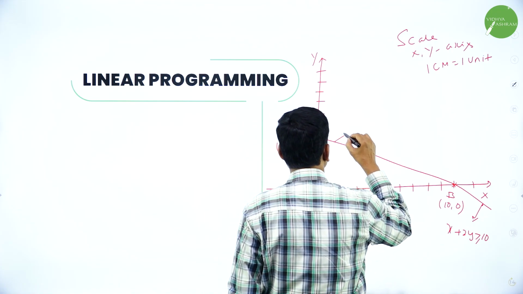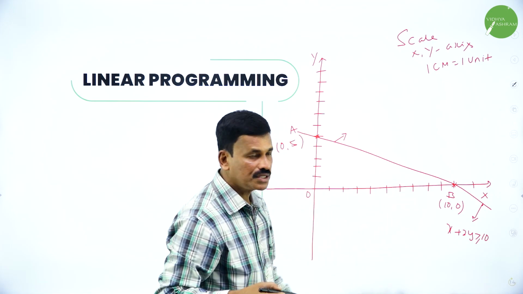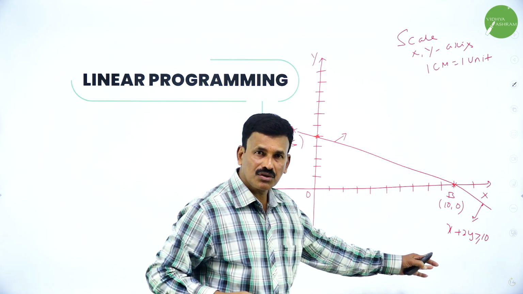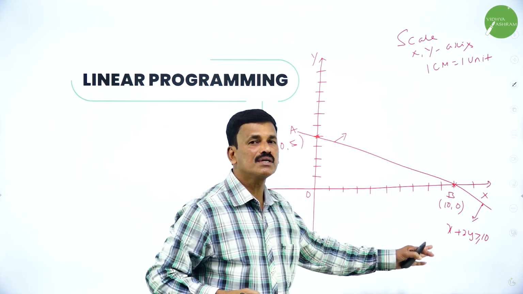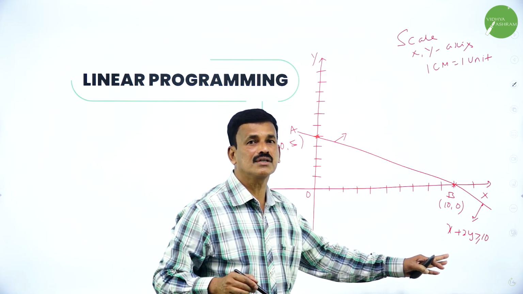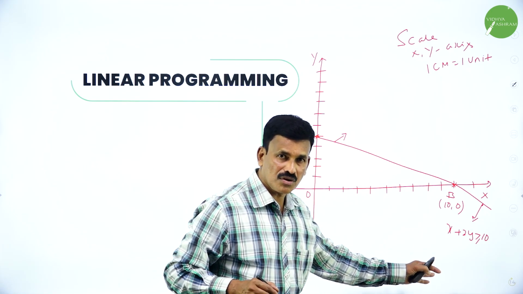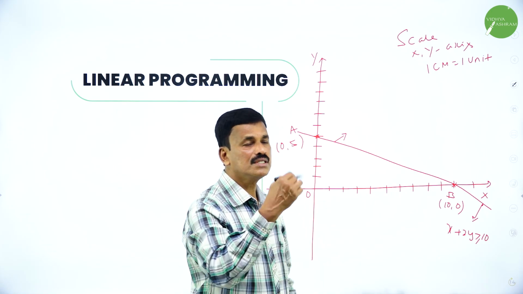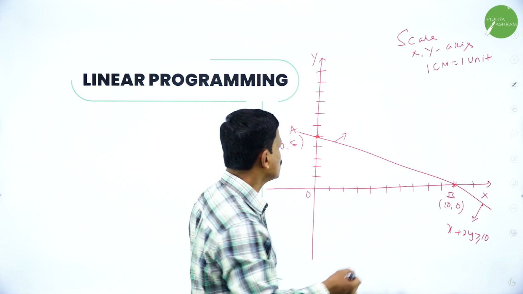Suppose we put x is equal to 0, y is equal to 0: 0 plus 0 is 0, and 0 is less than 10, not greater than or equal to 10. So this is false. Hence the feasible region is away from the origin. This is the feasible region.